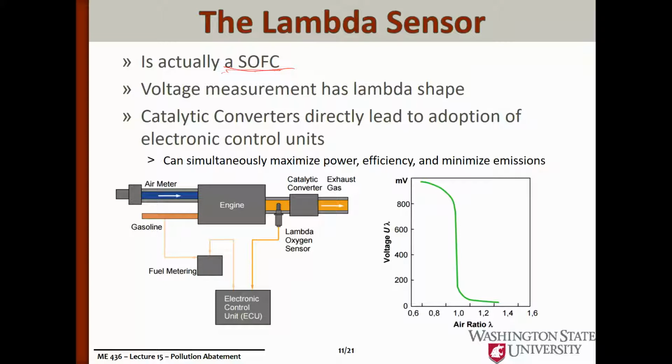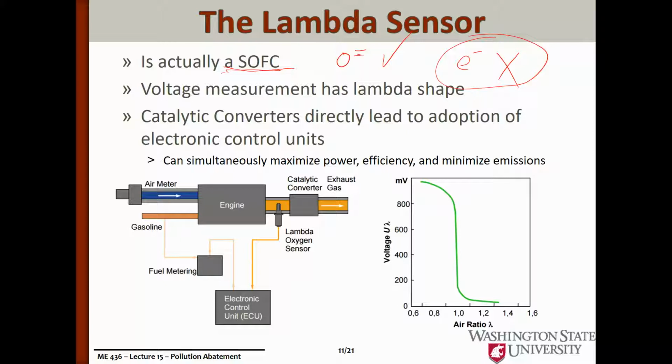It is a ceramic that allows oxygen ions, O2 negative, to pass through, but electrons cannot go through. And so by measuring the potential and how many oxygen atoms go through this sensor, we measure the voltage by these electrons that cannot go through the membrane.